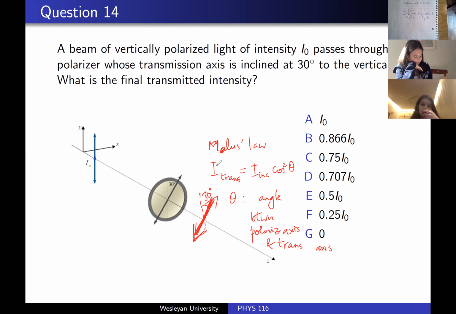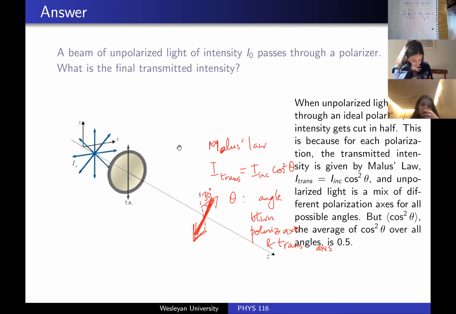If we go back to the unpolarized example here, then again, all the light that comes through is going to be polarized at the transmission angle. In this case, it was vertical over here, so in this example it would be all vertically polarized.